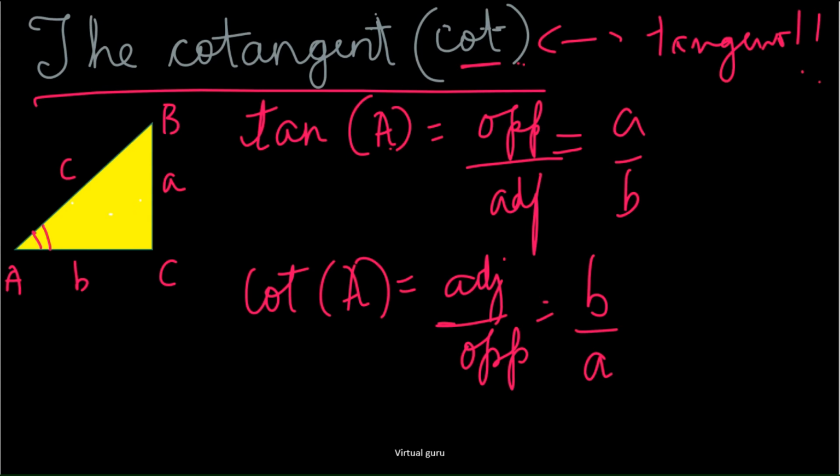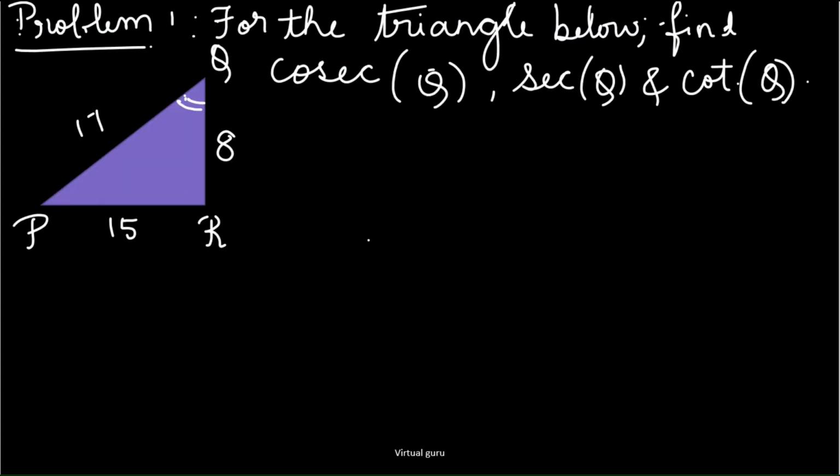Now let's start with the problem. Problem number one is, for the triangle given below, find the cosecant of Q, secant of Q, and cotangent of Q. So how do we do that?